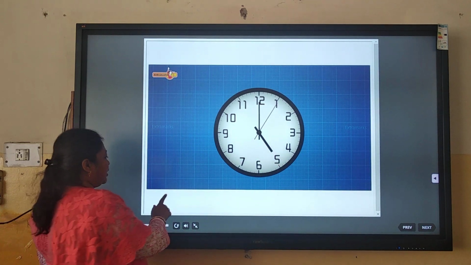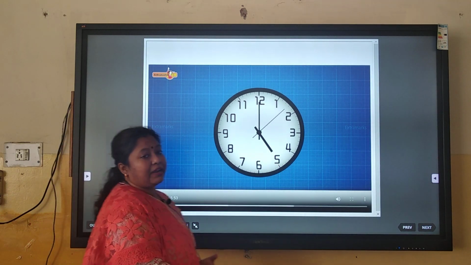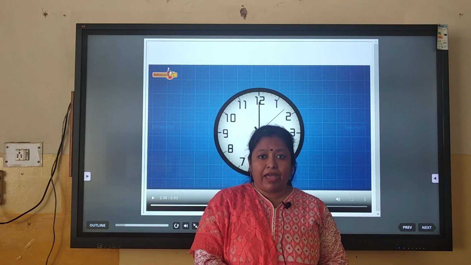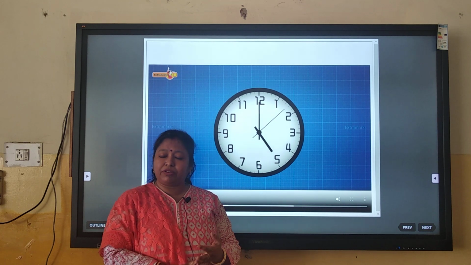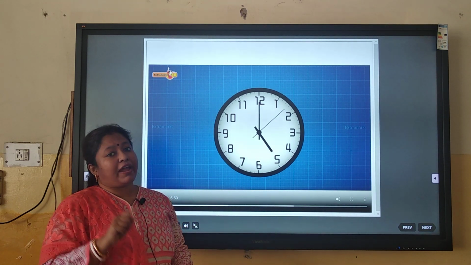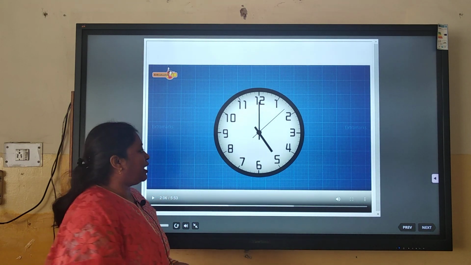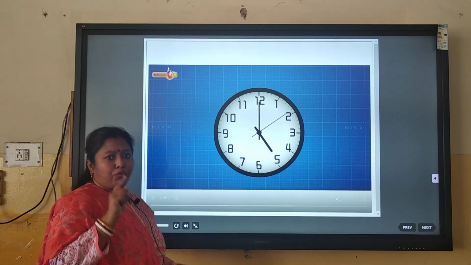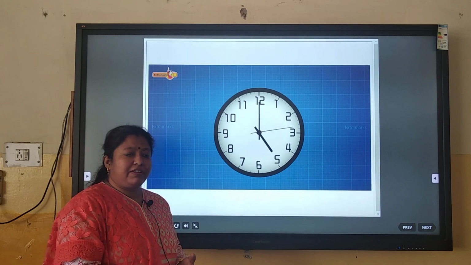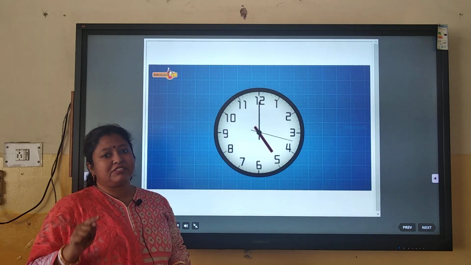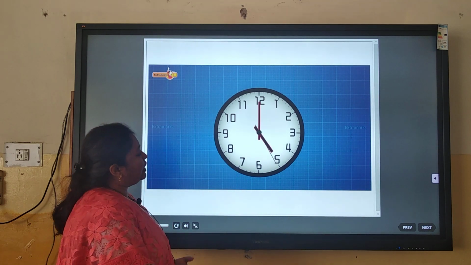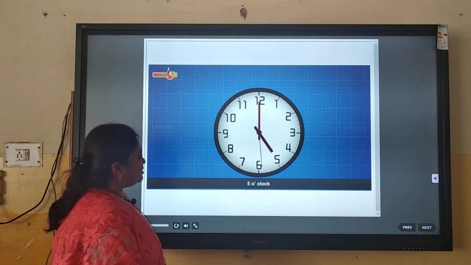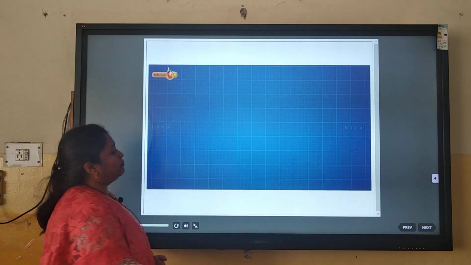So children, whenever the minute hand points towards 12, we write o'clock, or when we write in numbers, we write 00. So we will write 5 o'clock, or we will write 5:00 to indicate this time in written form. Okay children, so this is 5 o'clock.